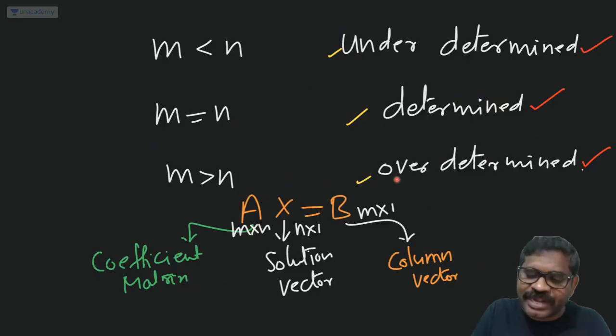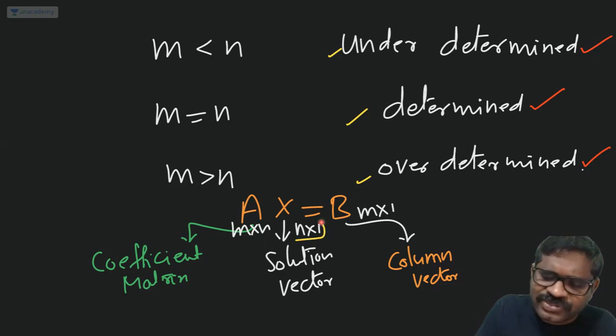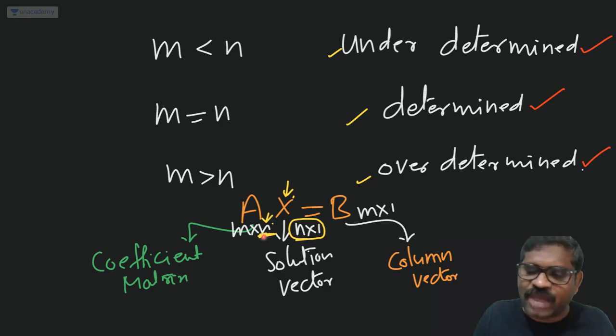If you count the number of columns in coefficient matrix A and get n columns, then in the solution vector you have n rows. Each row is a variable: x1, x2, x3, like that.